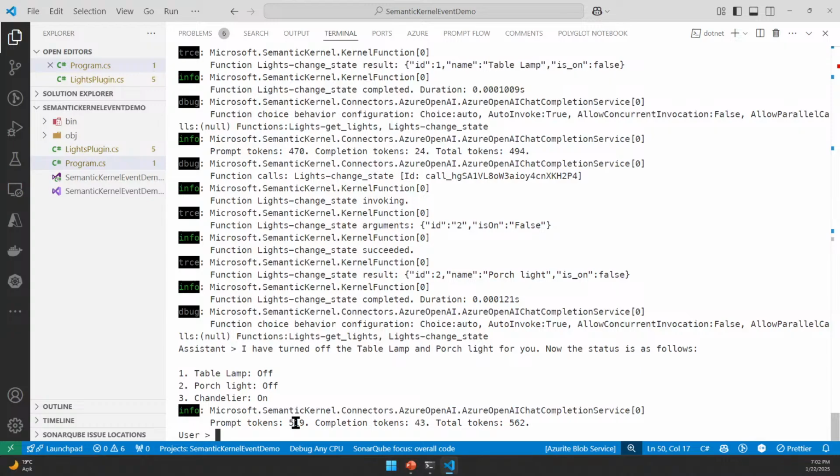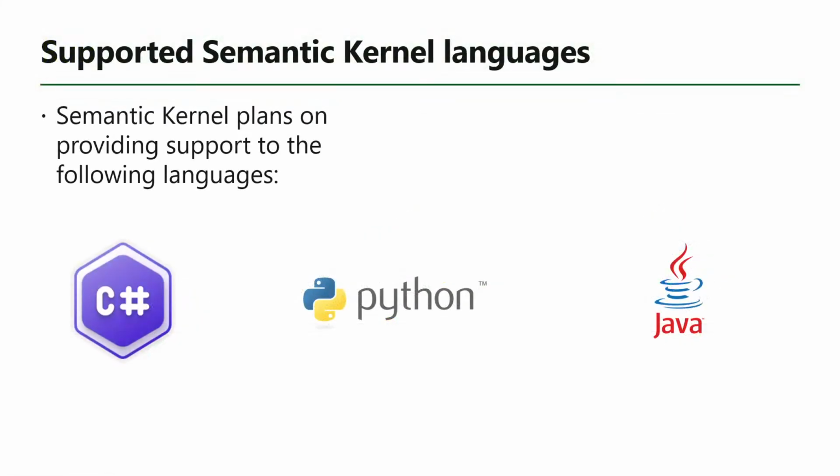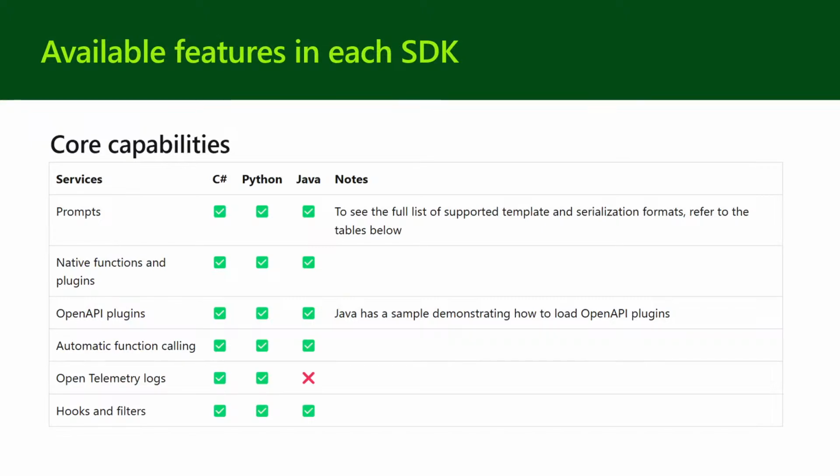Okay, because there are still slides that we need to finish. Yes, as I told you, Semantic Kernel supports 3 languages, C#, Python, and Java as of now. And they are still developing it. These are some of the core capabilities in the SDK.